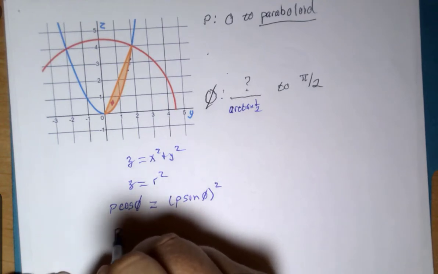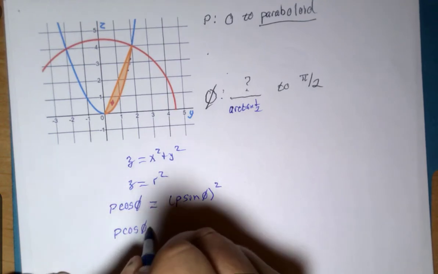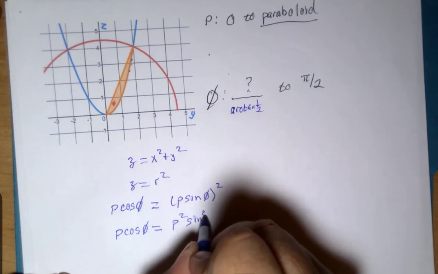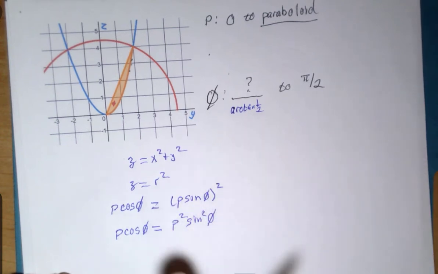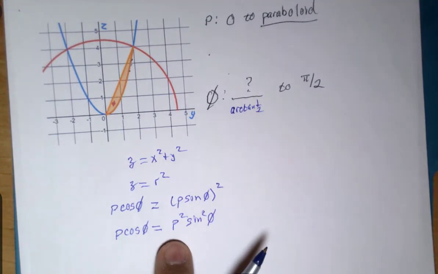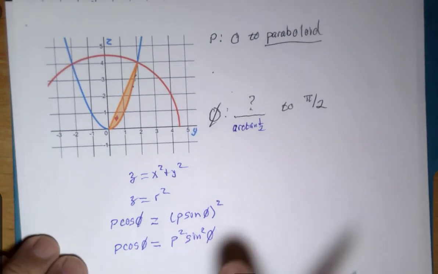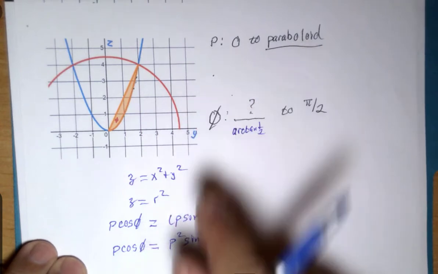So rho cosine phi equals rho squared sine squared of phi. Now, if I divide both sides by rho, I will lose one factor of rho, which is my goal, because I need to solve for rho equals.